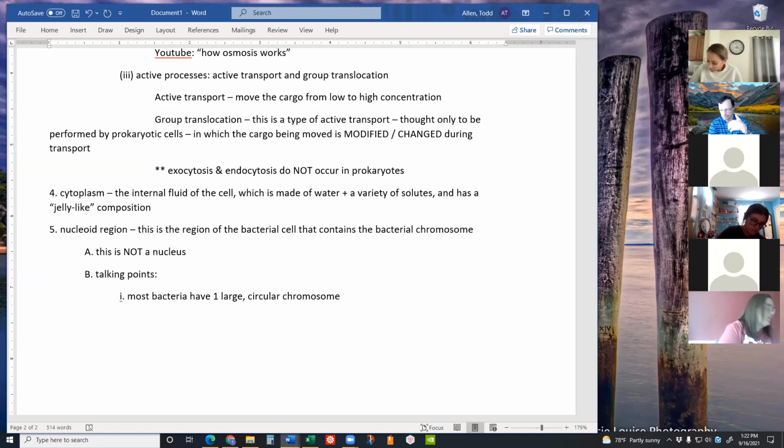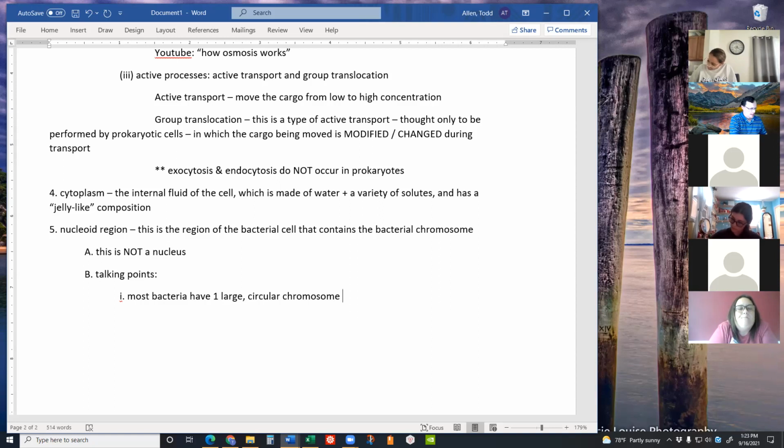You know, contrast that with what you know to be true of your chromosomes in your cells, where you have 46 linear chromosomes that when they're getting ready to reproduce through mitosis look like little X's, right? Bacteria's chromosomes don't look like that. They look like circles.